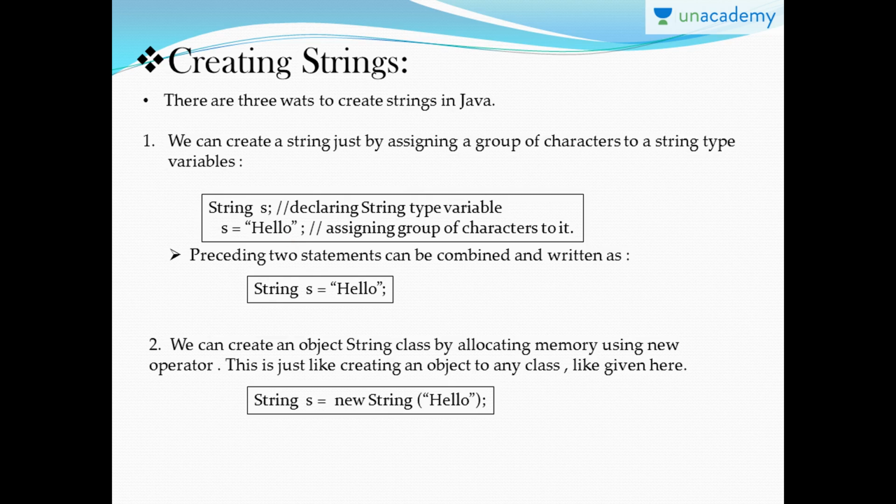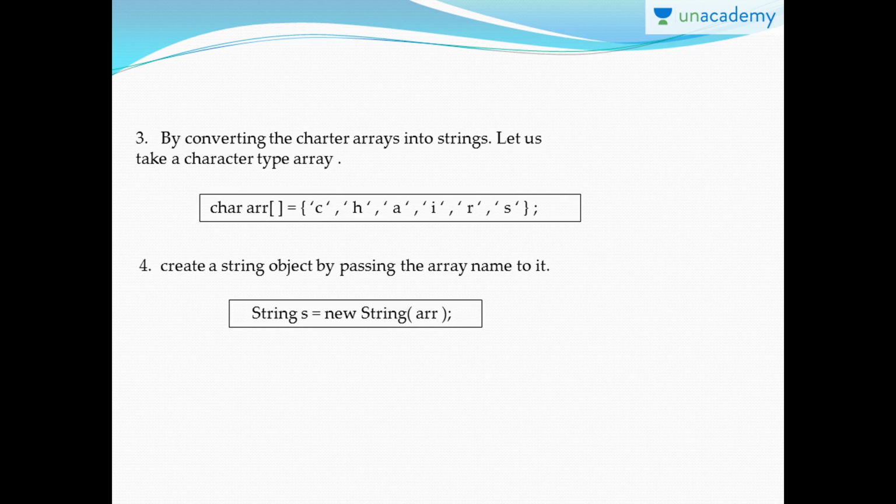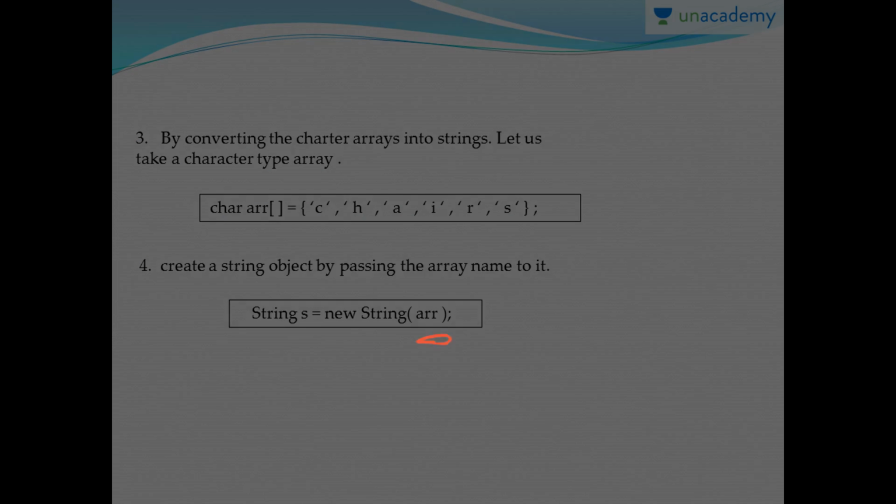So in a string you can write a complete word, whereas in arrays you have to write them as single characters. Okay. Creating a string object by passing the array name: here you can simply pass the array name, this array that you have declared here, and assign a few values. You can pass this by creating this object. Therefore this s will hold all the values of this character array.